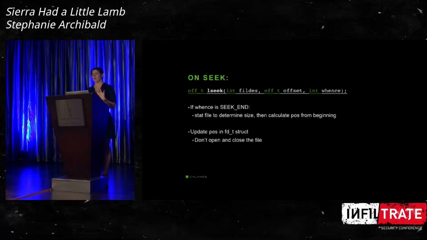So for seeks, we don't really have to open and close the file. What we do have to do sometimes is stat the file to determine its size, if we have something like seek end. I'm not handling right now if you try to seek way past the end of the file, it'll just put the position there. So that could possibly cause some trouble. It might be something that I want to handle in the future.